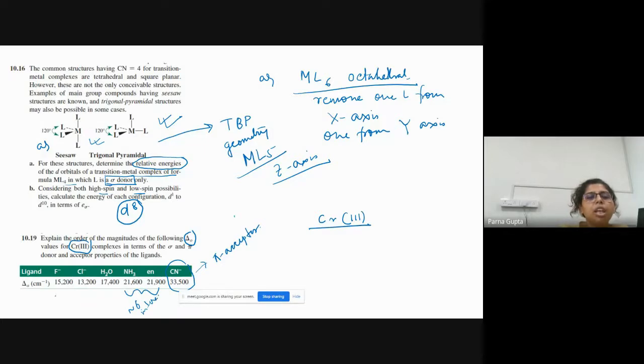Now, from these results only you can tell that water is very weakly pi donor, and CN is pi acceptor. If you do some examples, you will know who is who. Ammonia and ethylenediamine are both sigma donor only, and water is a weak pi donor.